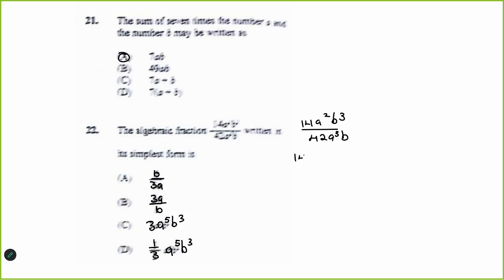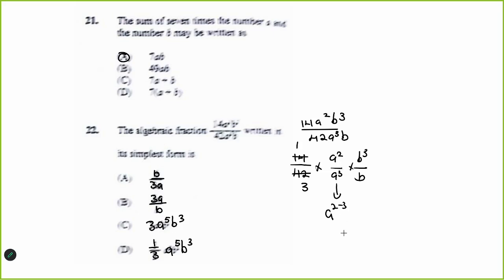So I'll just separate it by numbers and similar letters. It's 14 over 42 multiplied by a squared over a cubed multiplied by b cubed over b. 14 over 42: 14 into 14 is 1, 14 into 42 is 3. Then bases are the same when you're dividing, so that's a to the power of 2 minus 3.